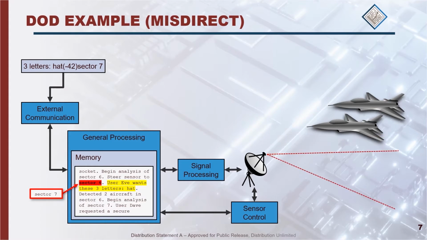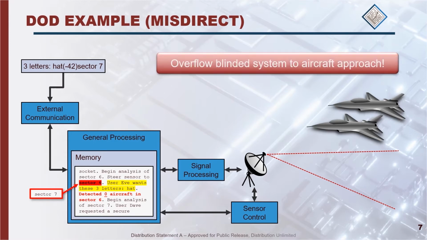The system responds by turning from Sector 6 into Sector 7. And in this simple example, the signal processing then goes through and detects no aircraft, but it still thinks it's for Sector 6. So in this particular case of a buffer overflow, the overflow has blinded the entire electronic warfare system to the aircraft's approach.